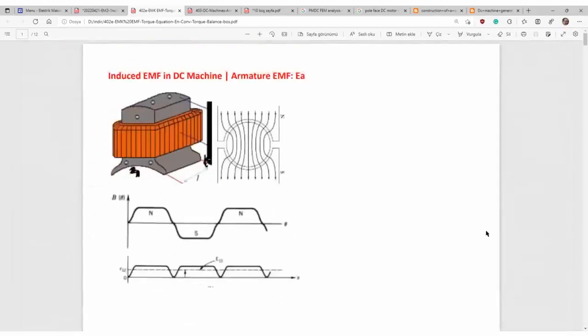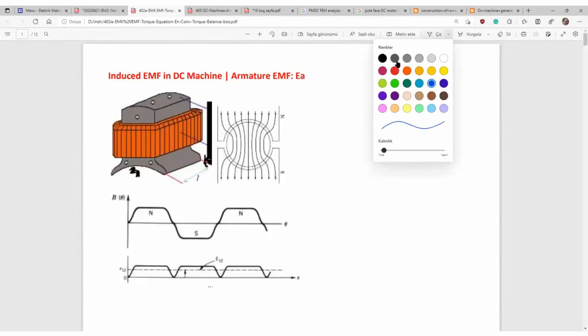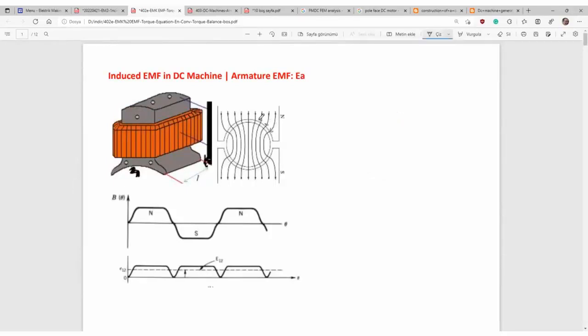Okay, so far we have discussed that magnetic field lines will be like this from N to S pole, and then the distribution of B theta will be like this. It is almost flat, no change in flux density around the pole, but here it is zero.